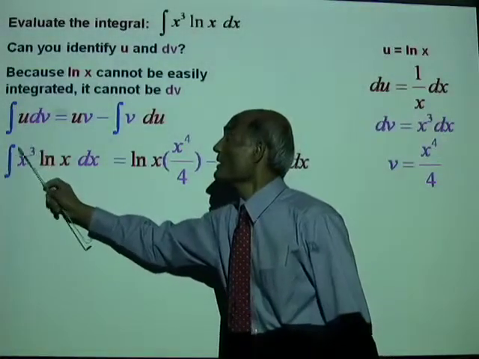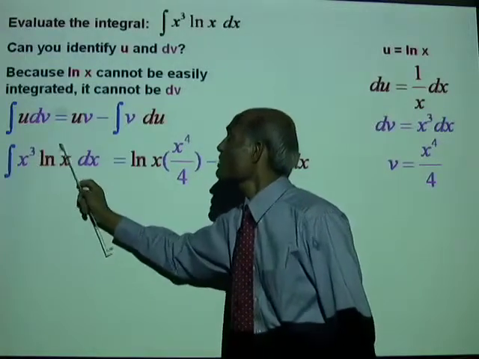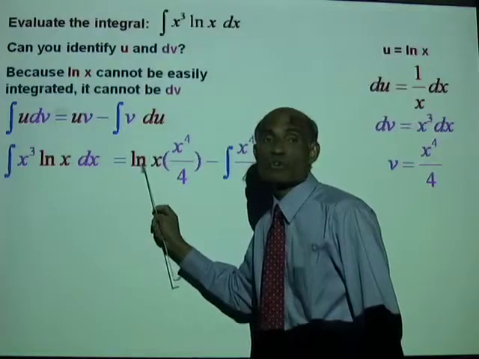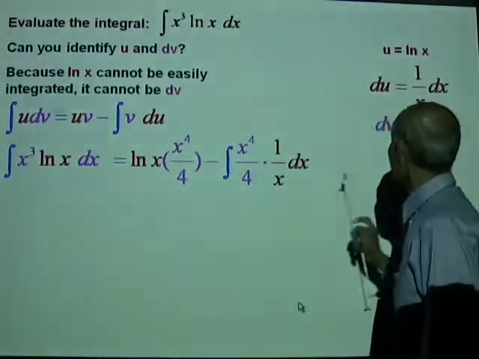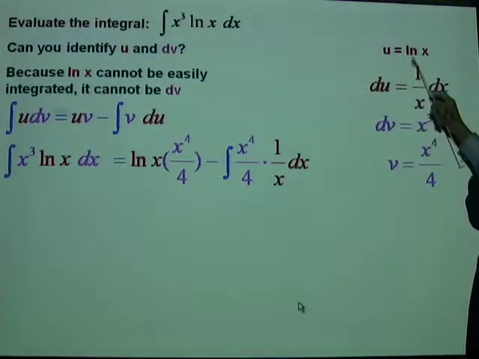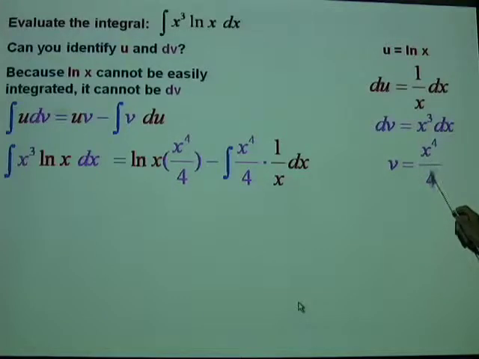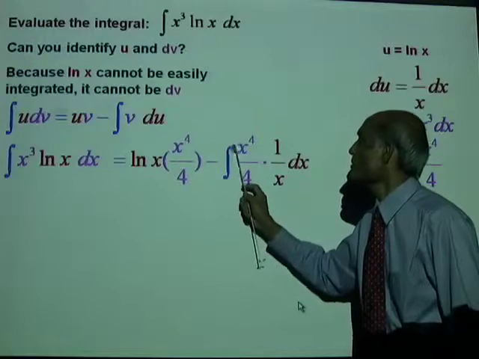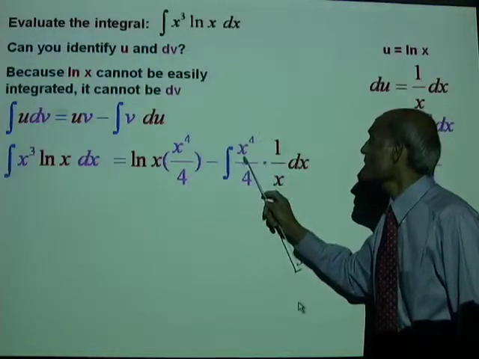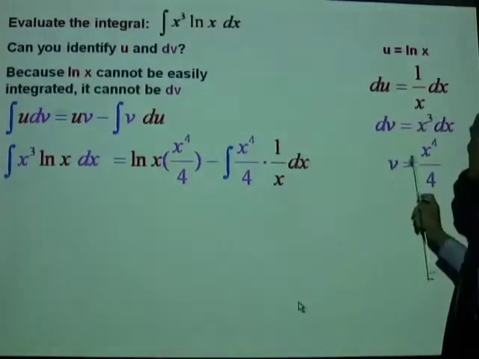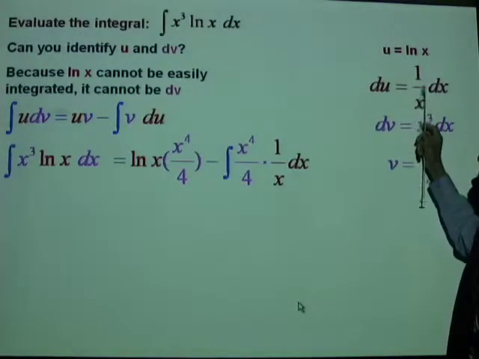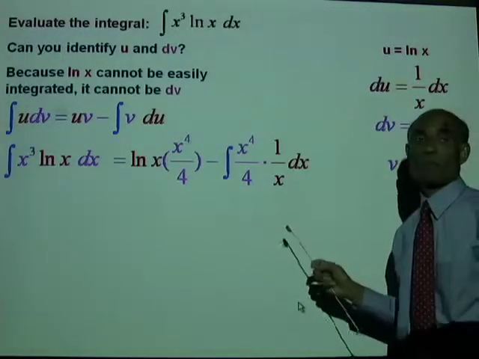That's your ln x as your u, x cubed dx as your dv. uv minus integral v du. v is x to the power of 4 over 4 and du is 1 over x dx.